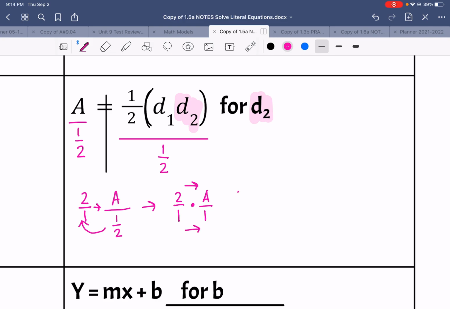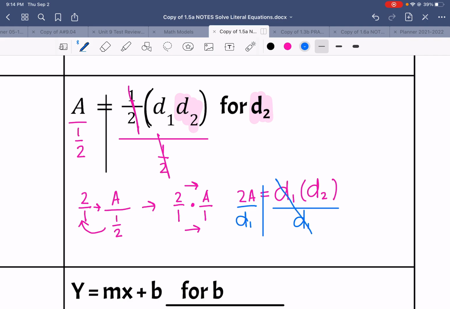So 2 times A is 2A, and 1 times 1 is 1. So 2A/1 is just 2A. Okay, so I got rid of this. Now I'm left with 2A equals D1 times D2. So in order to get D2 by itself, I'm going to divide by D1. So 2A divided by D1 equals D2.